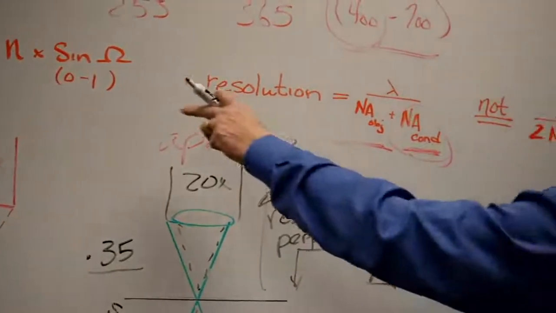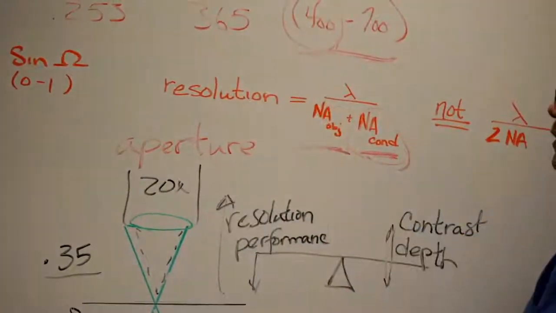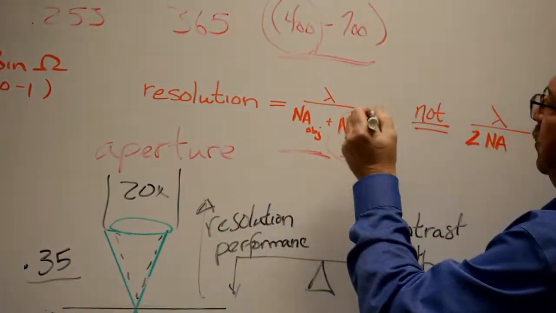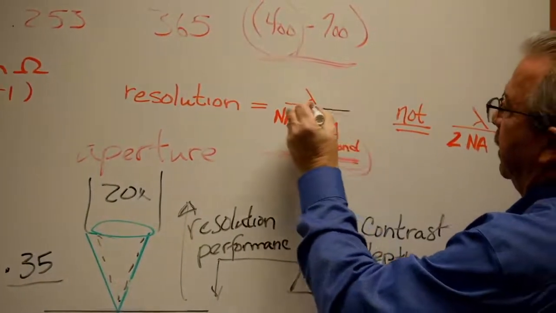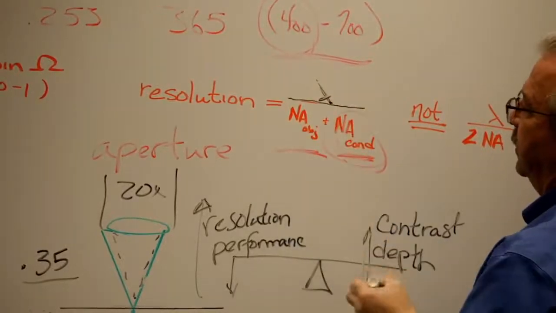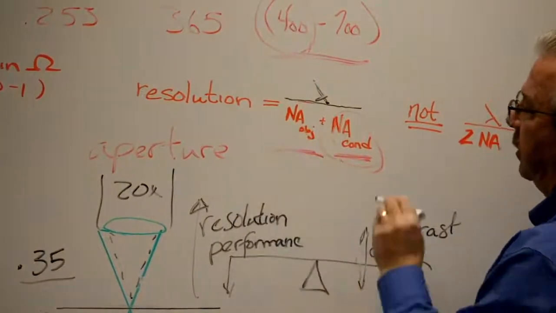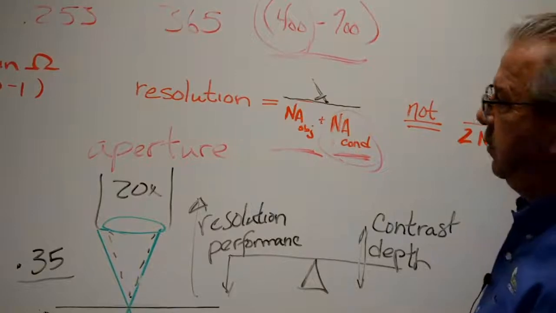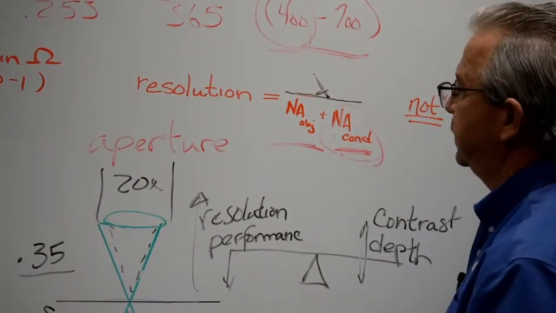And that's important to me because I'm concerned about resolution. And resolution is affected by two factors: the wavelength of light that we're using, and the numerical aperture of the objective, and the numerical aperture of the condenser.